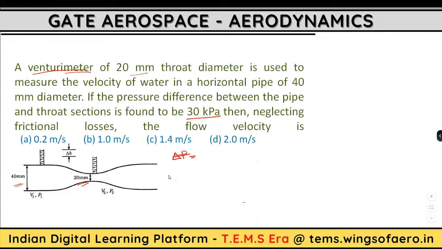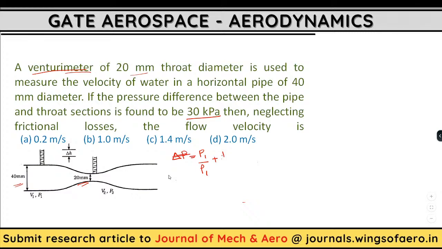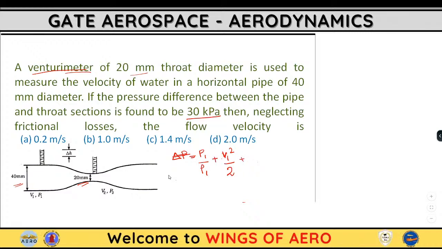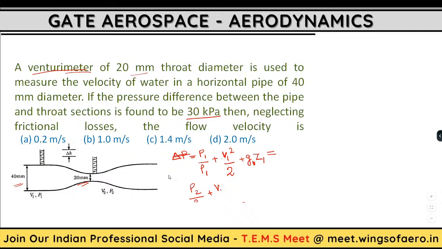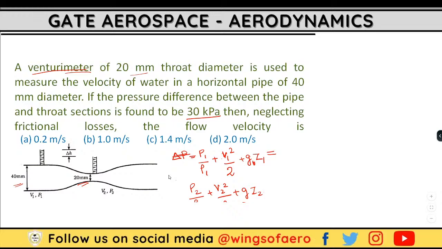Now first recall the formula, that is the Bernoulli equation: P1/rho g plus V1 square by 2g plus Z1 equals P2/rho g plus V2 square by 2g plus Z2. Now what are the given data in front of you?